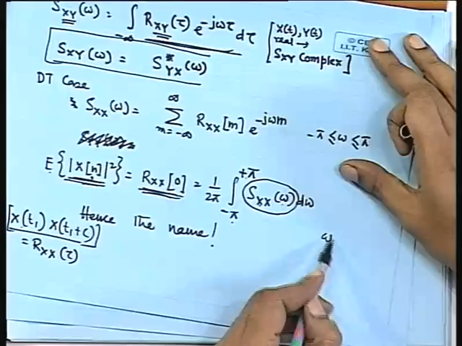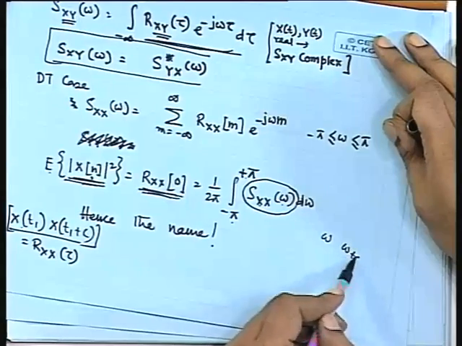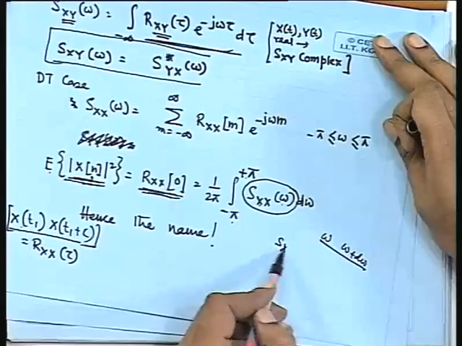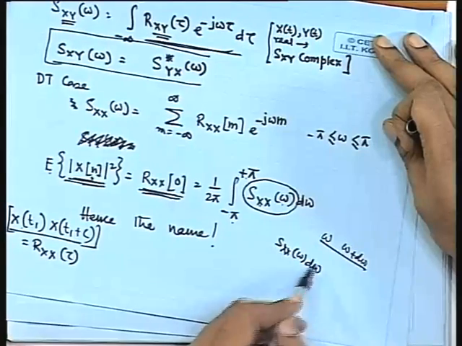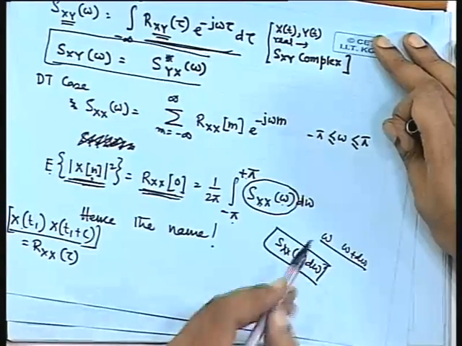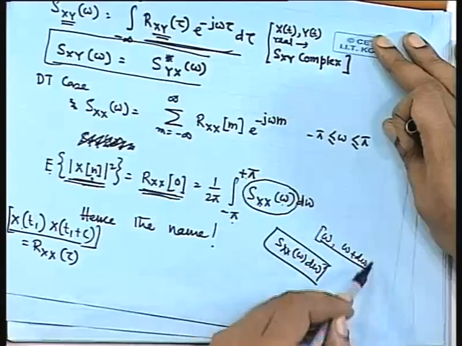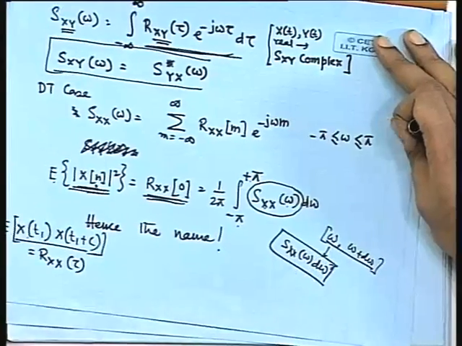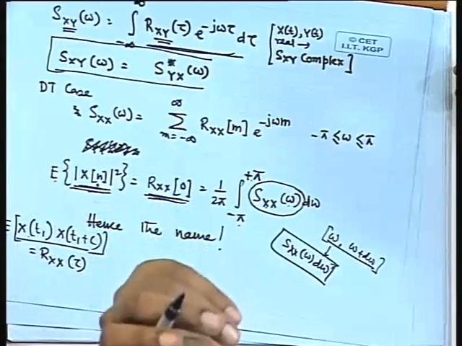If you want to find out what is the energy of the signal stored between omega and omega plus d omega, that will be sxx omega d omega. This amount of energy is stored between the frequencies omega and omega plus d omega, because it is a continuous variable. So you cannot say what is the power at this frequency, but you can always say what is the power between omega and omega plus d omega.